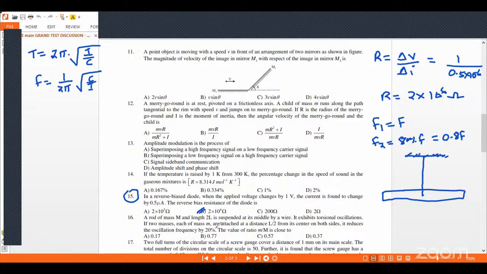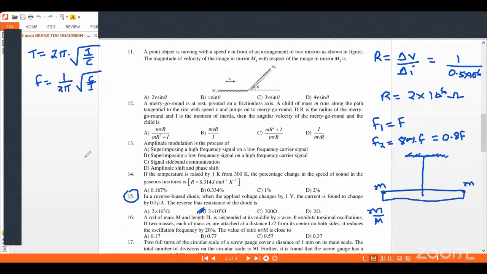Two masses, each of mass m, are attached at a distance L by 2 from its center on both sides. Now we need to find the ratio of small m by capital M.